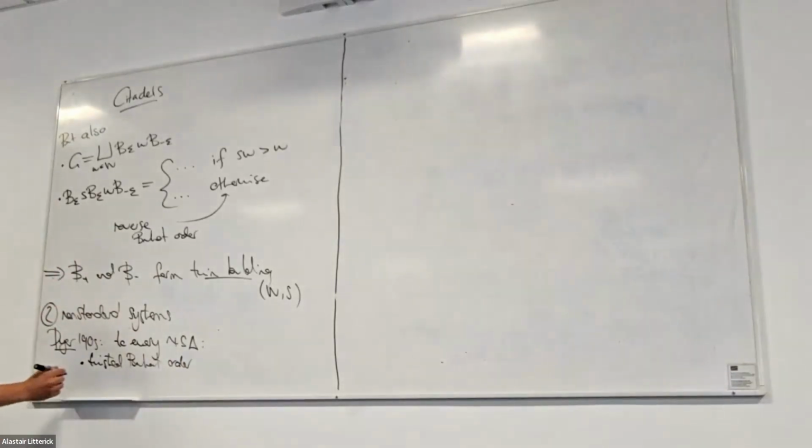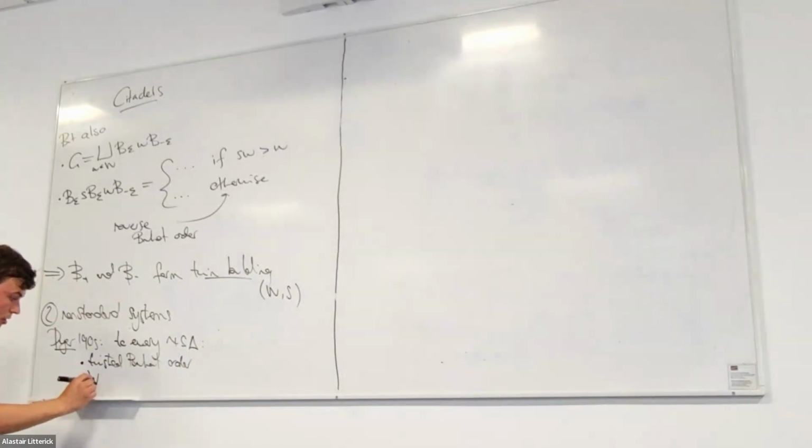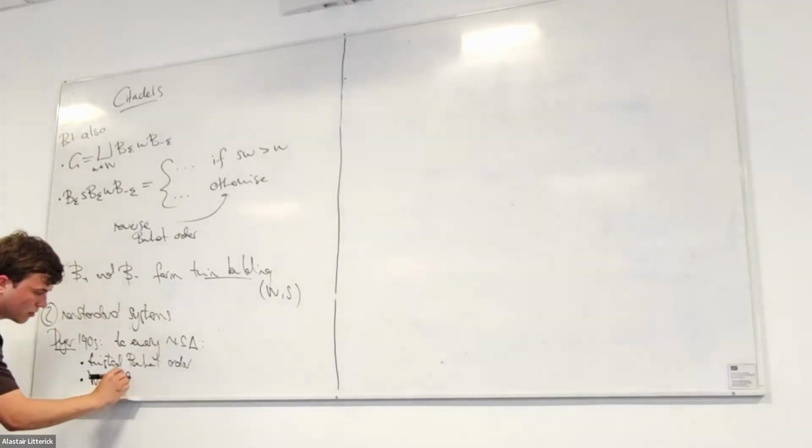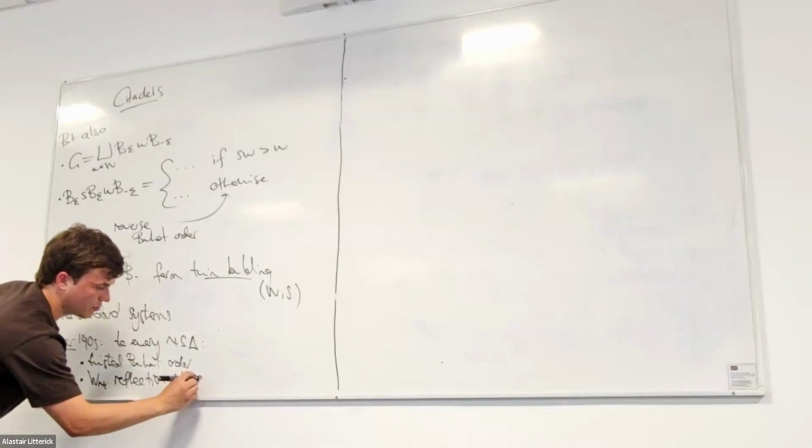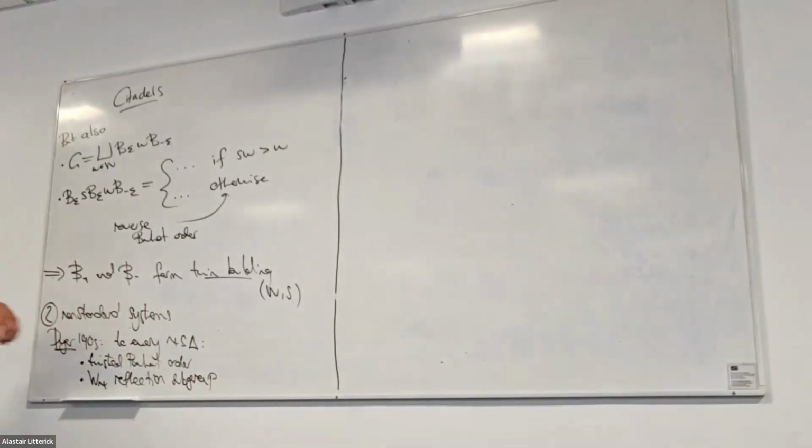And you can also define a reflection subgroup. And the way you should think about this is you have a positive system. You want to think about the roots that are sort of simple with respect to the system. Then you look at the group generated by the corresponding reflections.